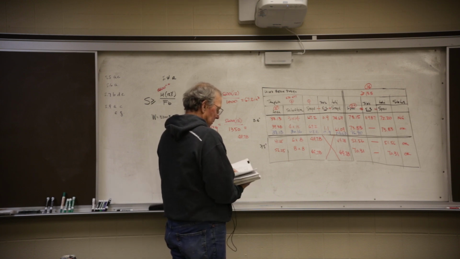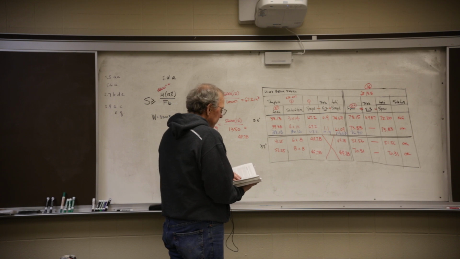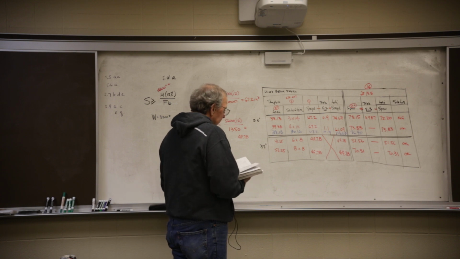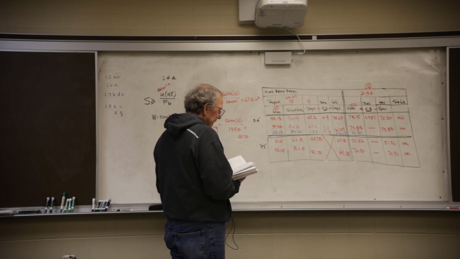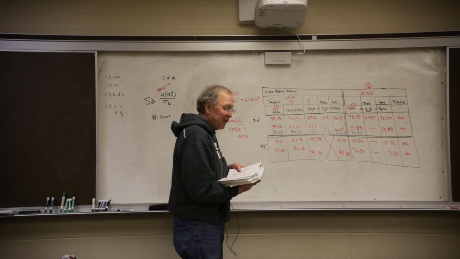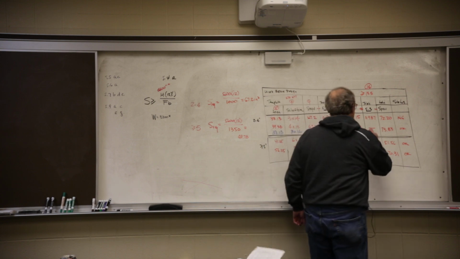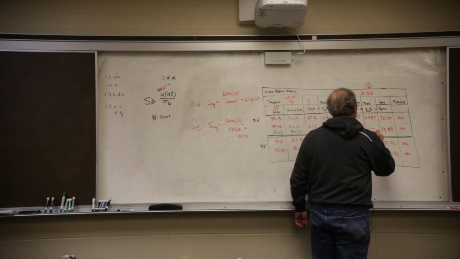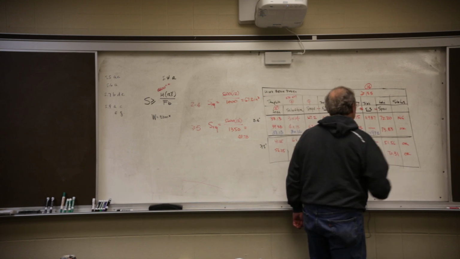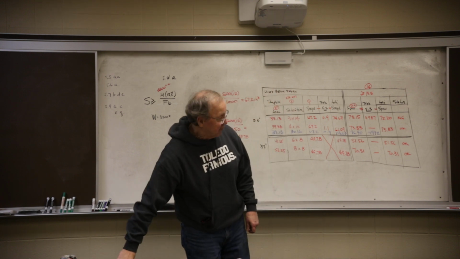Okay, here you go. It says for a 15.5, I use 0.972. Multiply those two by each other.